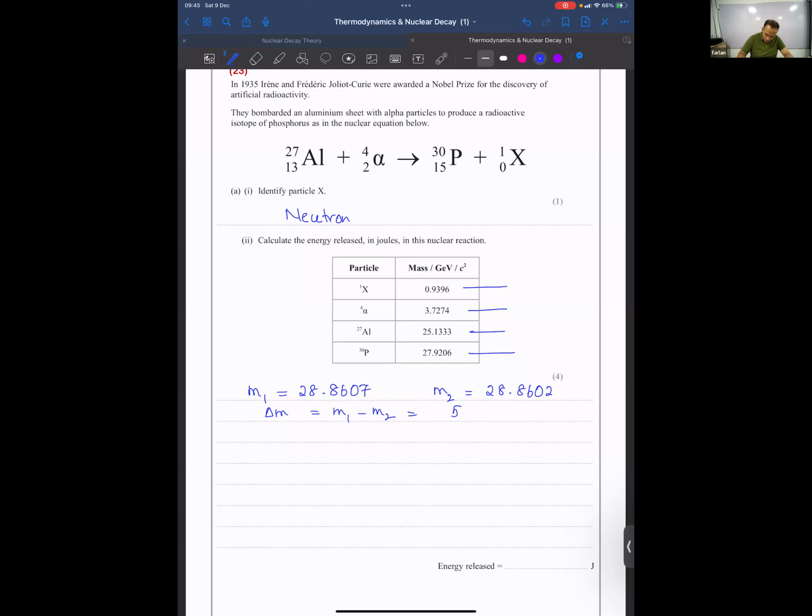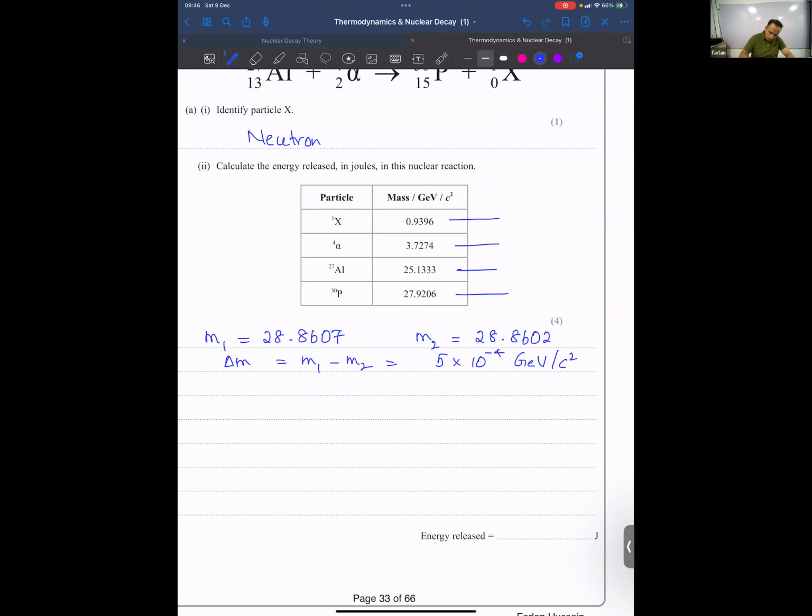5 into 10 to the power minus 4, in the unit they have given, which is giga electron volts over c squared. Am I right? So to convert that into kilograms, 5 into 10 to the power minus 4.